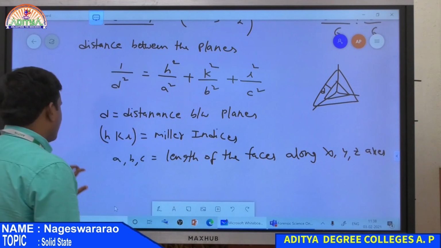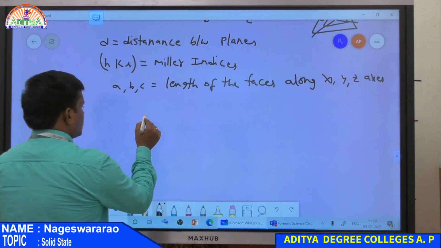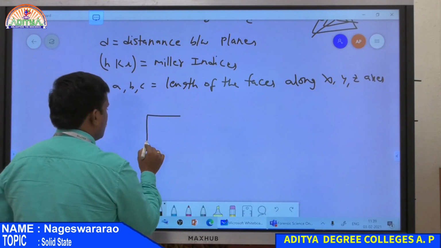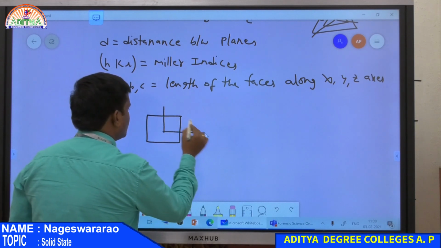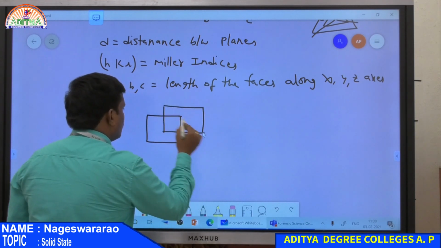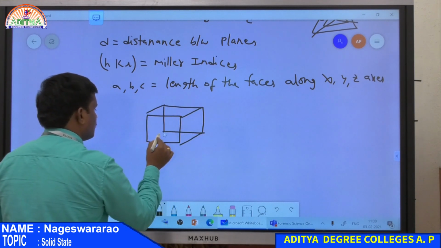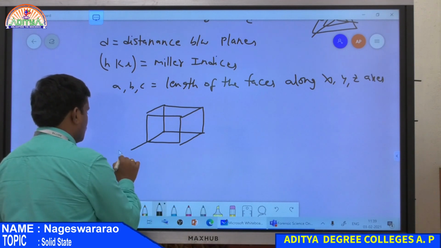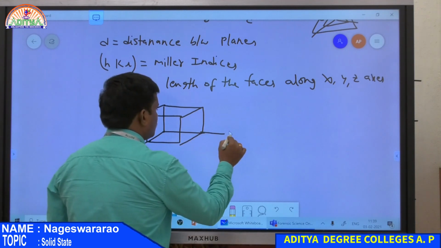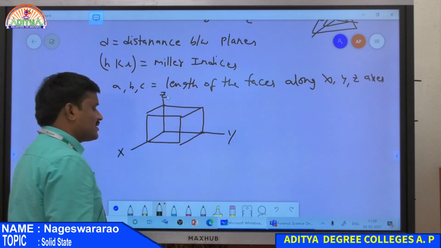If our crystal is a cubic crystal, what is a cubic crystal? All the faces are of equal length. Look at this crystal: this is cubic, with x, y and z axes.